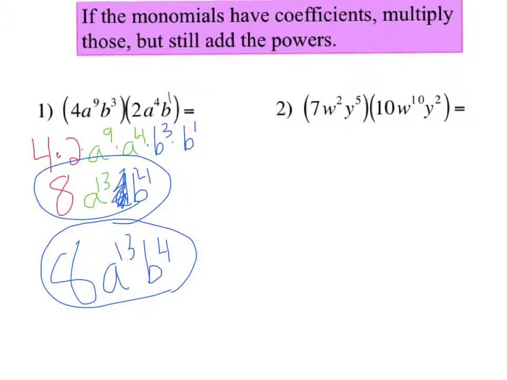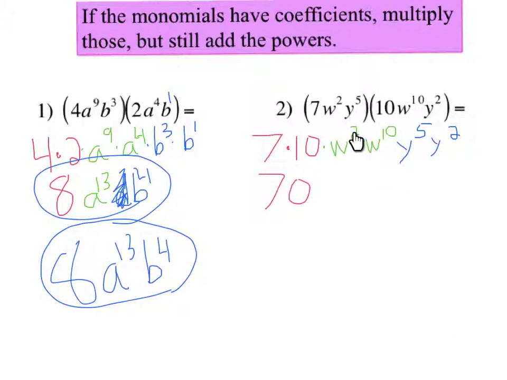One last example. Again, these are multiplying, so it means 7 multiplied to this, multiplied to this, multiplied to this, so ignore the parentheses and rewrite everything with the commutative property. Okay, 7 multiplied to 10. That's 70. Now I have w squared, w to the 10th.